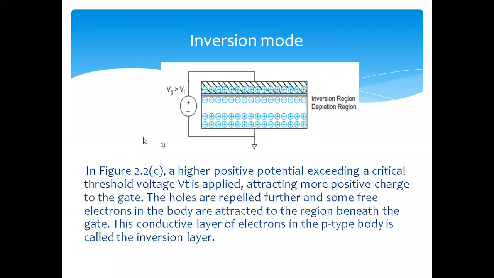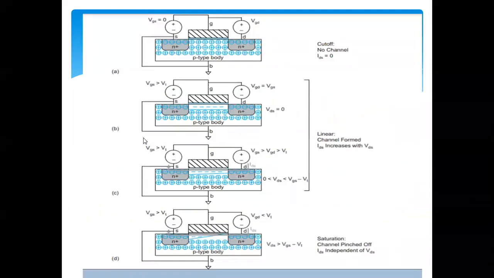All of you clear with this? Yes, sir. Okay. Now this is the diagrammatical representation of the same accumulation mode, depletion mode, and inversion mode, and its conditions are given. So you know already in the cutoff region there is no channel formation, only IDS is equal to 0.